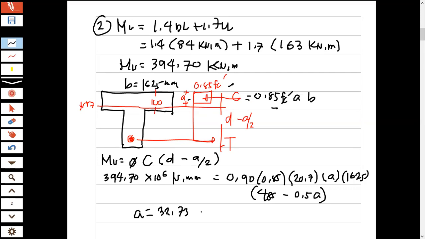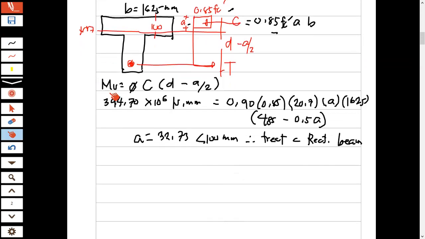Which is less than 100 millimeters. In other words, we just treat this as a rectangular beam; our analysis doesn't need the T-beam analysis. So the computation is easier.